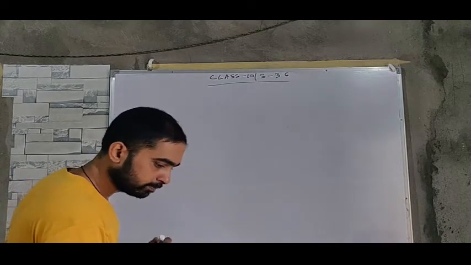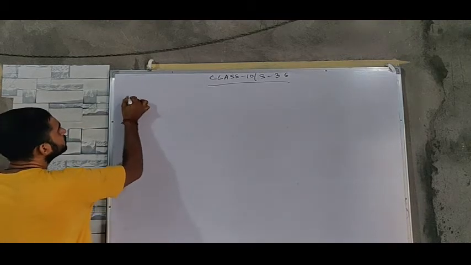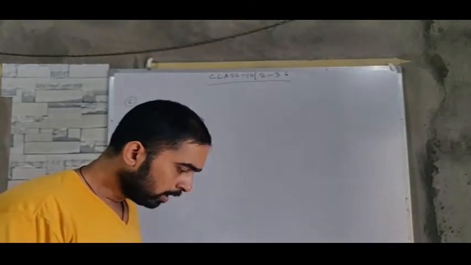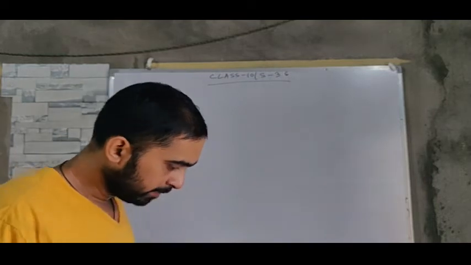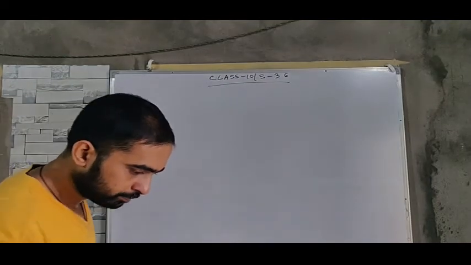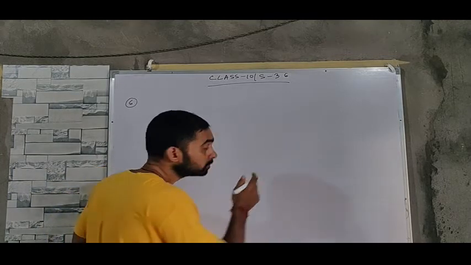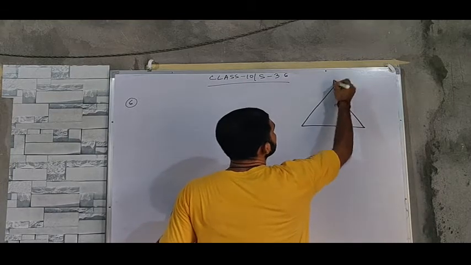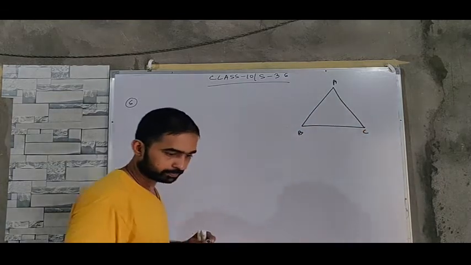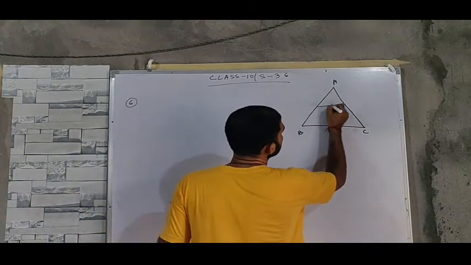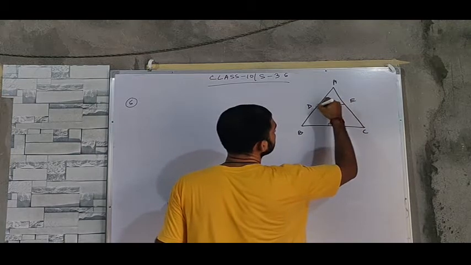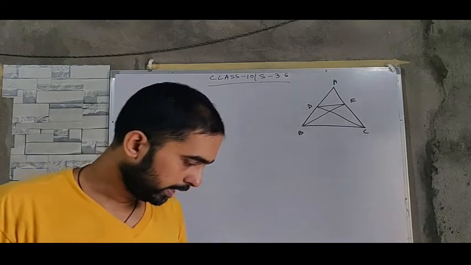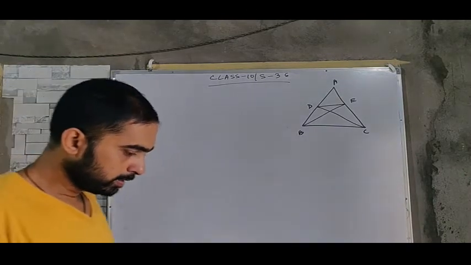Question number 6. In the figure, diagram is given. Triangle ABE is congruent to triangle ACD.